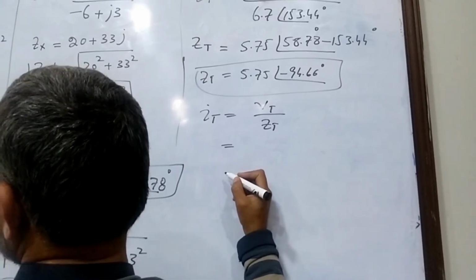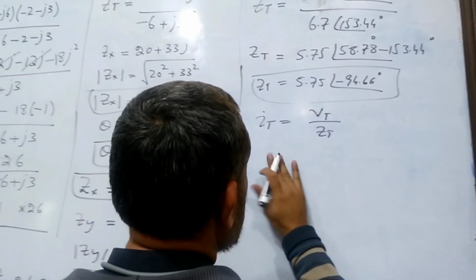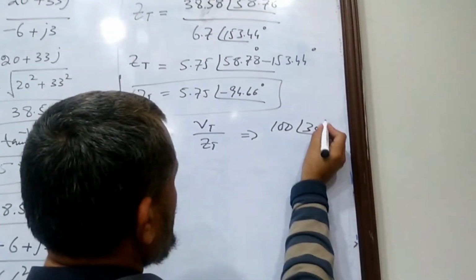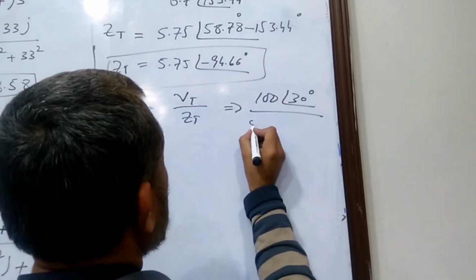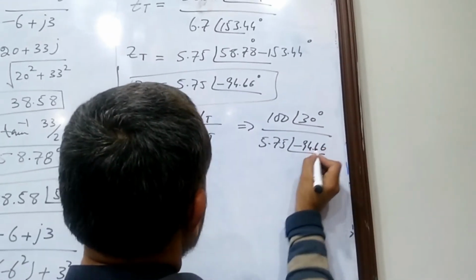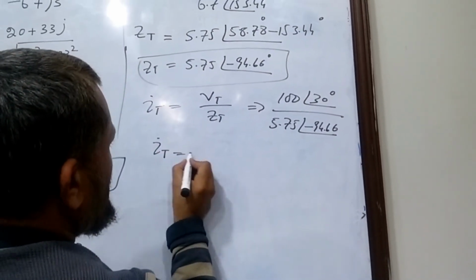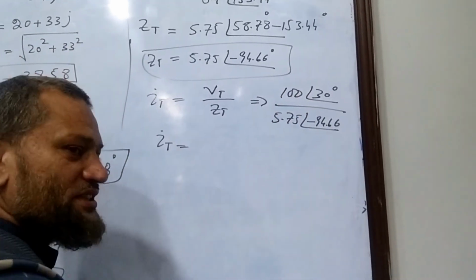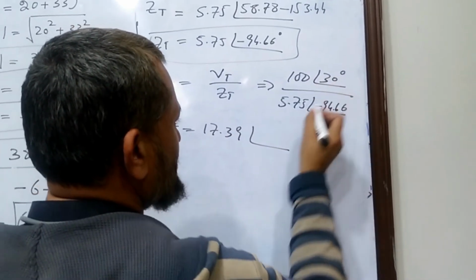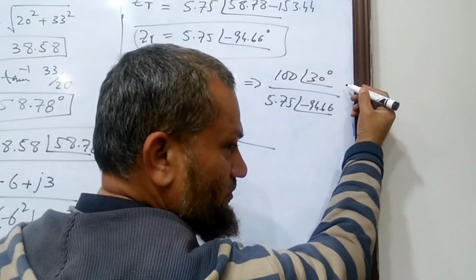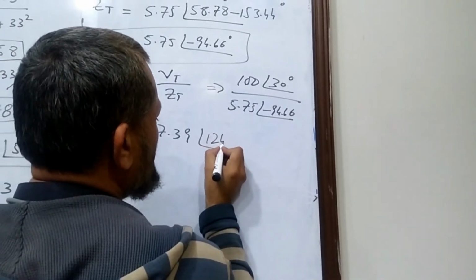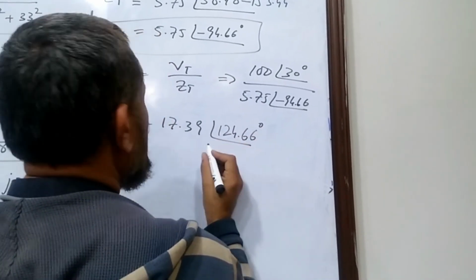V total is 100 at angle 30 degrees, and Z total is 5.75 at angle minus 94.66. So I total is 100 divided by 5.75, that is 17.39, at angle 30 plus 94.66, which is 124.66 degrees.